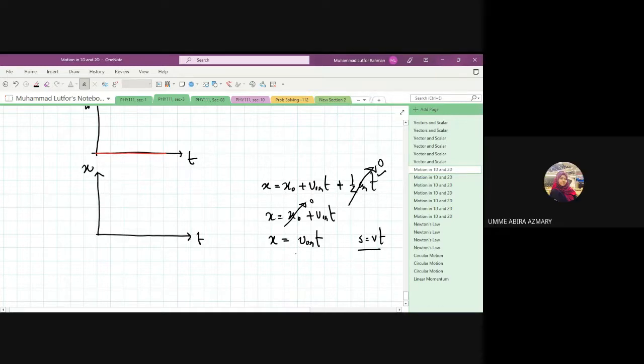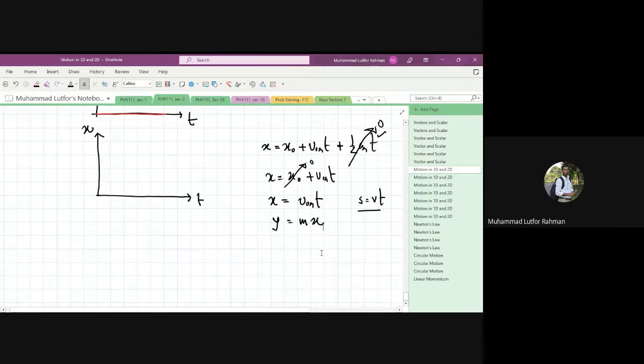Now this equation is exactly like y equal to mx, which is actually the straight line equation passing through the origin. You know that one.